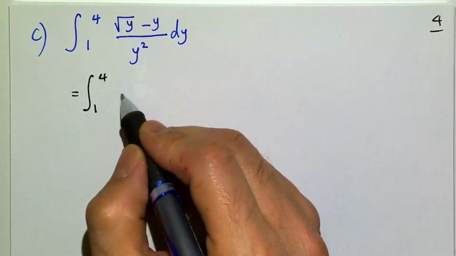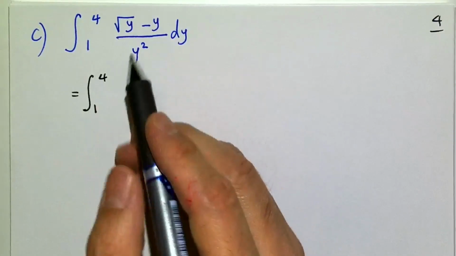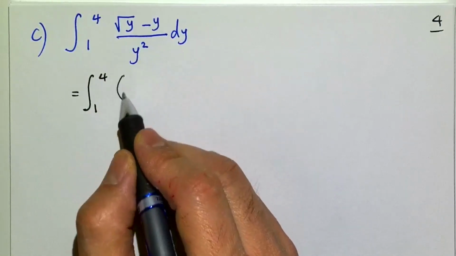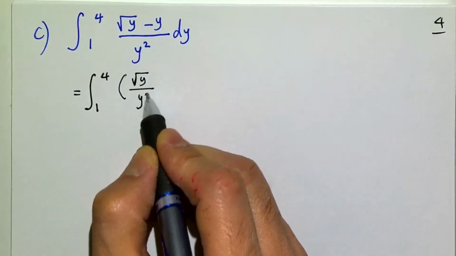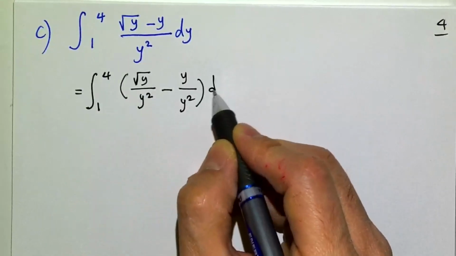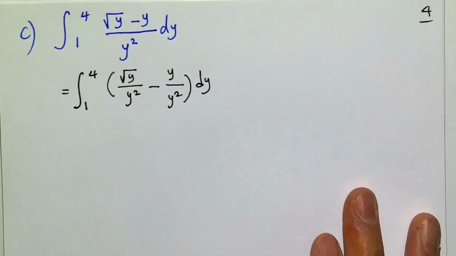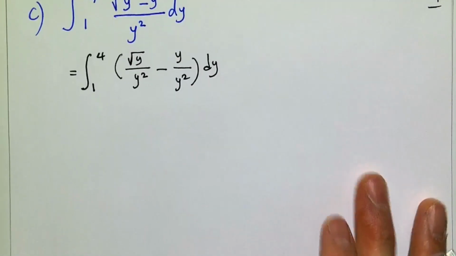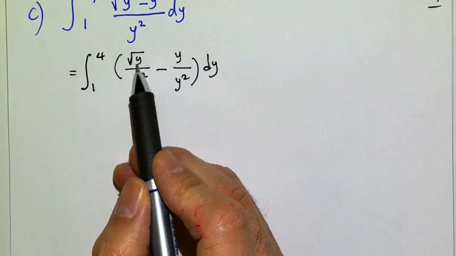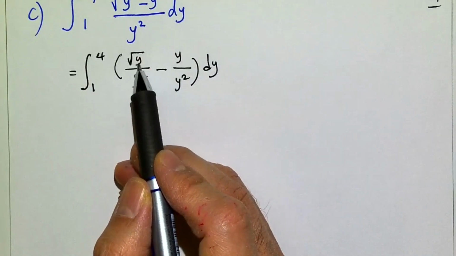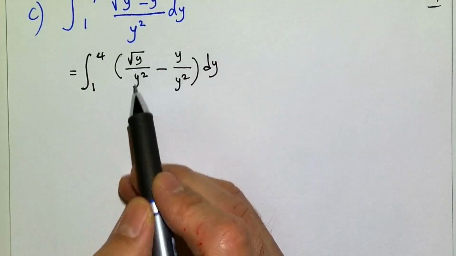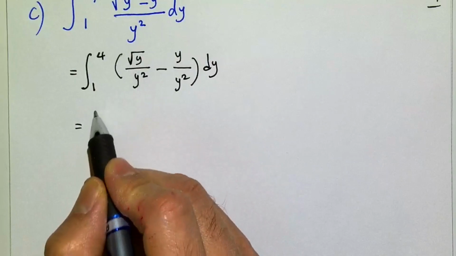So integral from 1 to 4. And first thing, I would separate these over y squared. So square root of y over y squared minus y over y squared dy. Okay? And then let's convert this to a rational power, y to 1/2, and then subtract the power because the bases are the same.